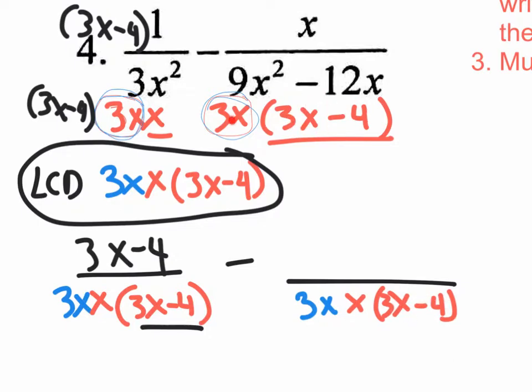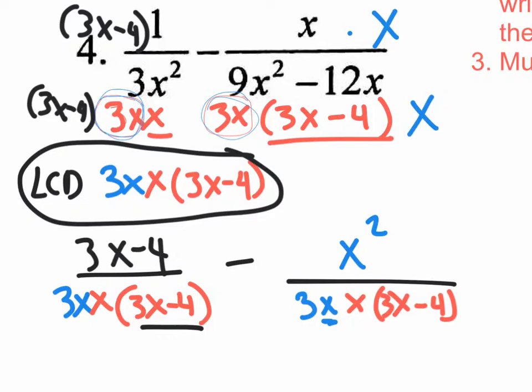What's missing from this original denominator to this new LCD? One single x, right? So I want to put another x down there, and what I do to the bottom I do to the top. So I'm going to have to multiply x times x, and I will get x squared up here on top. You guys get it?